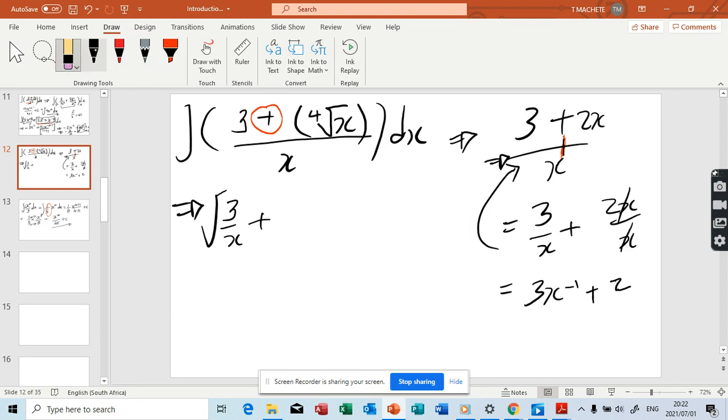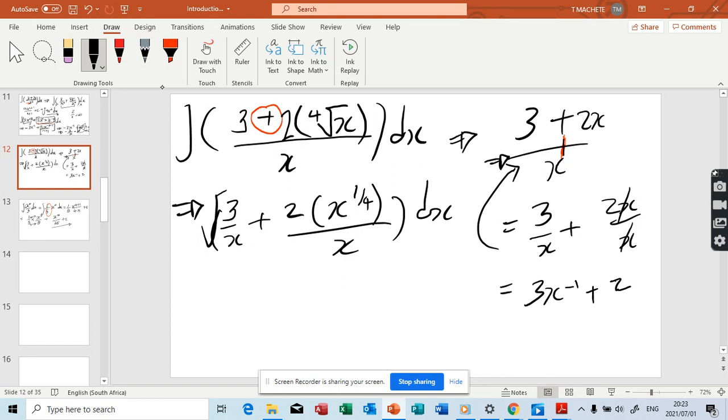Let me write it nicely. I'll write this 2. Yes. And then over x. And then what are you going to get? I want you to give me the final answer.